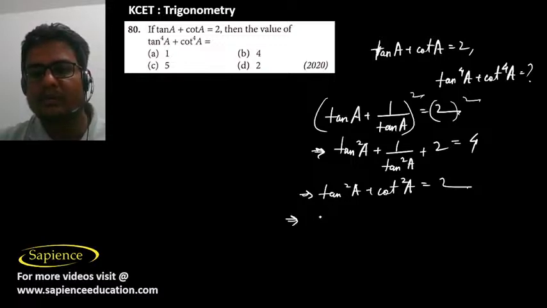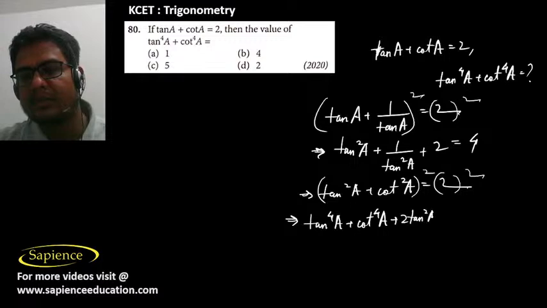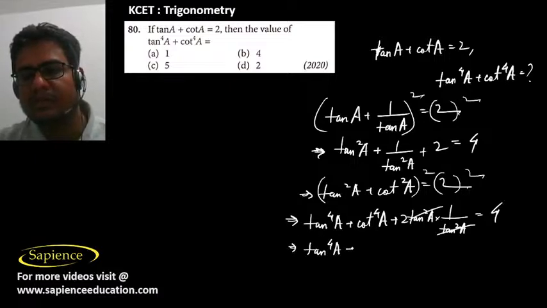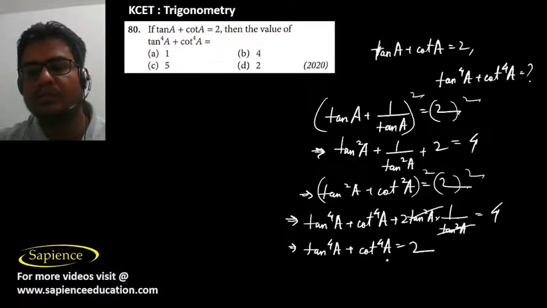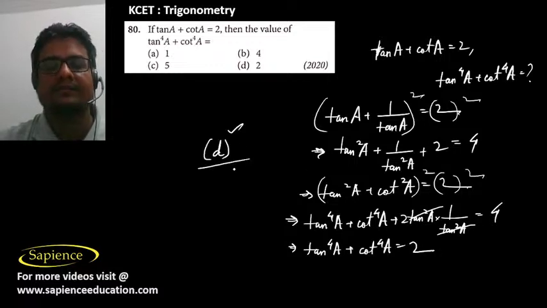Now again, if we square both sides, then that will be equal to tan⁴A + cot⁴A + 2 tan² A into cot² A. So this is 2, tan² A times cot² A is tan² A times 1/tan² A, that is equal to 1 after tan² A cancels. So tan⁴A + cot⁴A is equal to 4 minus 2, that is equal to 2. So option D is the correct answer.